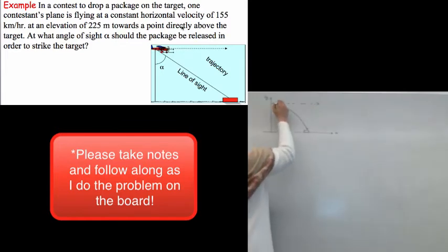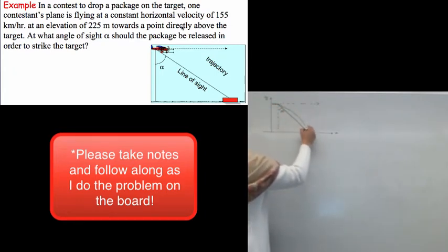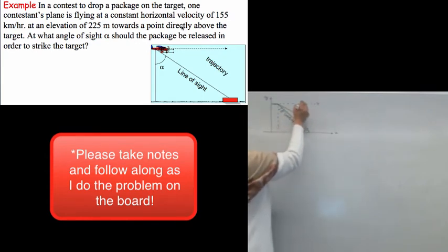This is my angle, alpha, where my trajectory is. This is the line of sight, and this is my trajectory. Now the question is, what should alpha be?